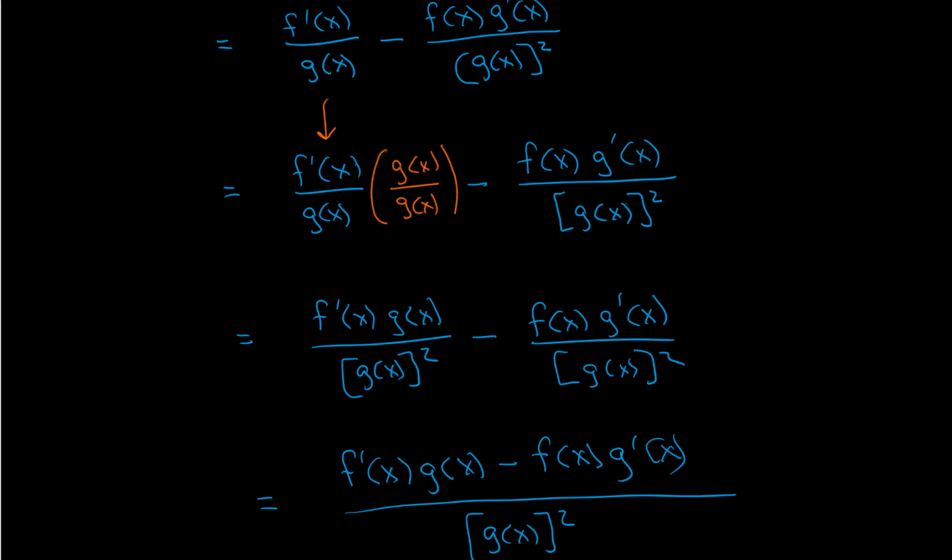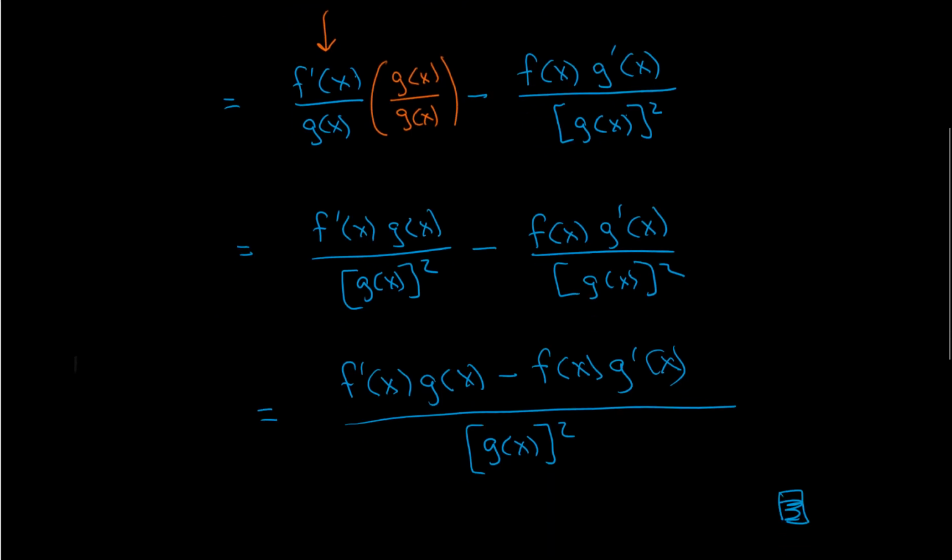But look what now results in the numerator. I have my f prime of x, and the numerator also has to be multiplied by g of x. So what we wind up with here is f prime g over g of x squared minus f g prime over g of x squared. So at this line right here, I now have a common denominator.